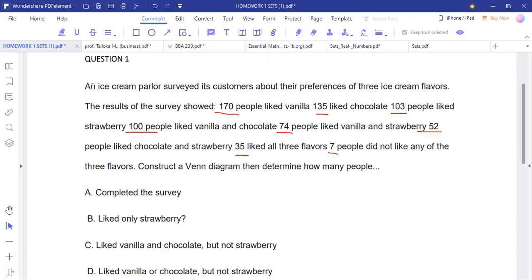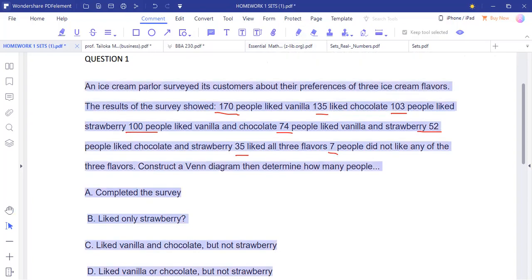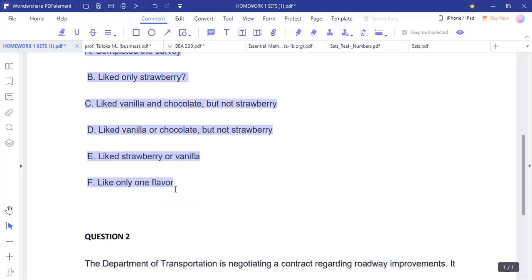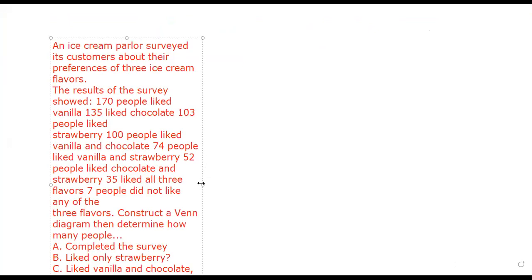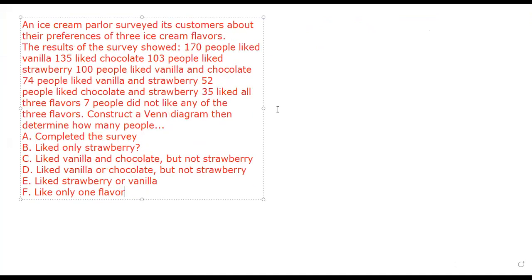I'm going to take this so that we work it out together. I want everyone to participate. So what have we been given here? How many flavors do we have? We've been given 3 flavors. What are the 3 flavors?